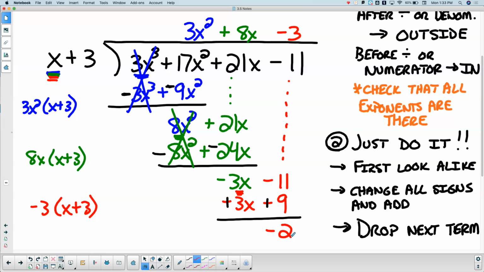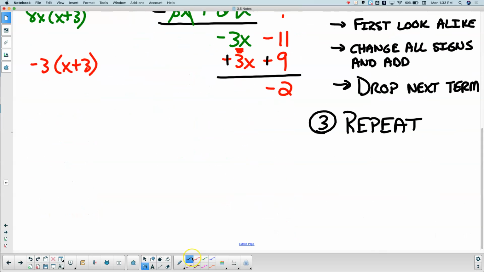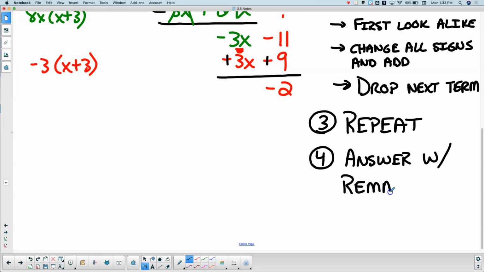Okay? So that brings me now to step 4. Step 4 is I'm going to rewrite my answer with any remainder that might happen. Sometimes we get numbers that can go into one another. Like, for instance, 24 divided by 6 is 4.